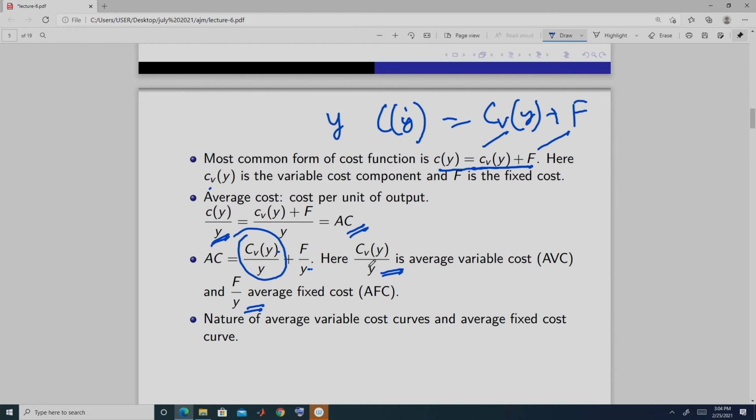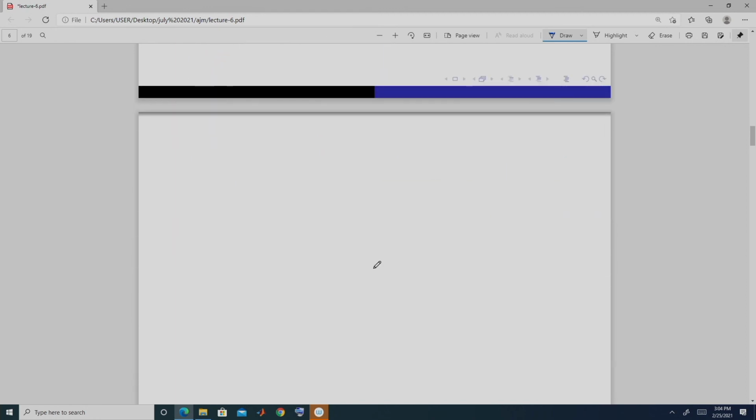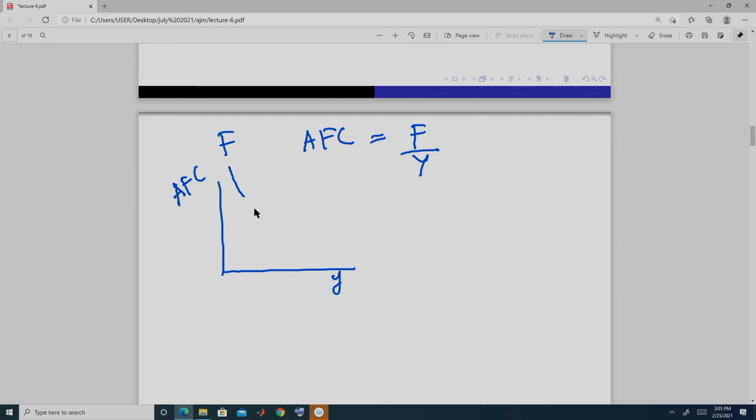Now, we look at the nature of these two functions. Fixed cost is fixed, whatever be the amount of output. So, average fixed cost AFC is this divided by units of output. Now, if we plot output on this axis and average fixed cost on this axis, then you will see that this curve is going to be something like this.